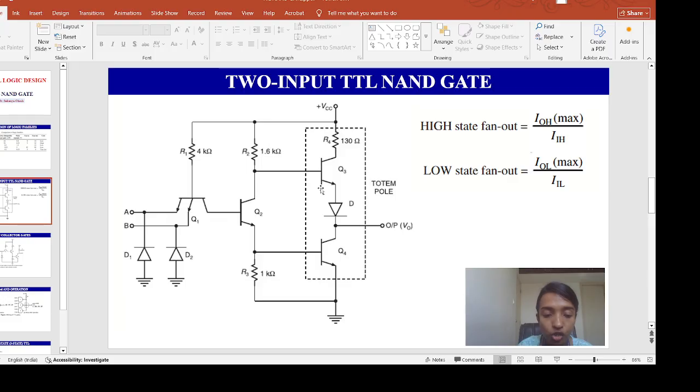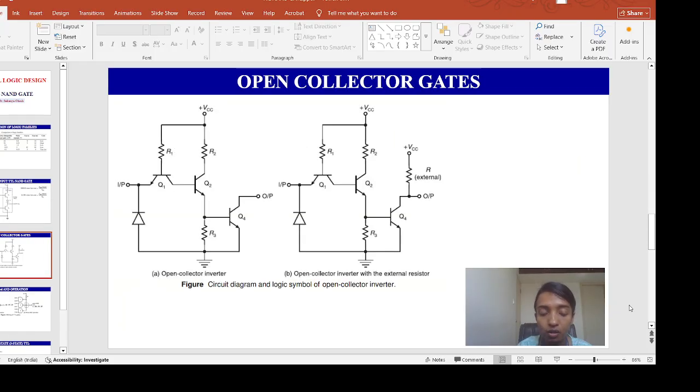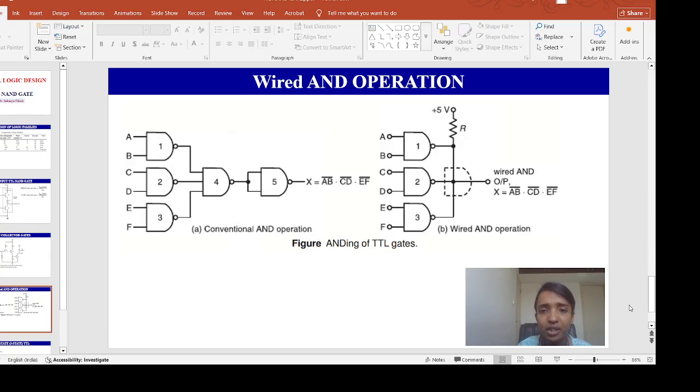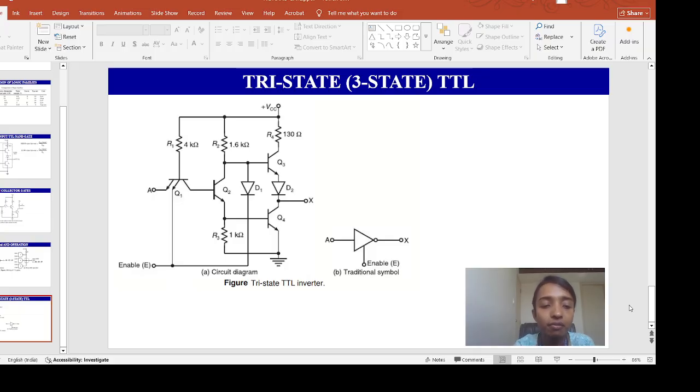These large currents can easily damage the transistors, and this situation is even worse when more than two TTL outputs are tied together. The open collector gates, on the other hand, may be wired ANDed without any problem.